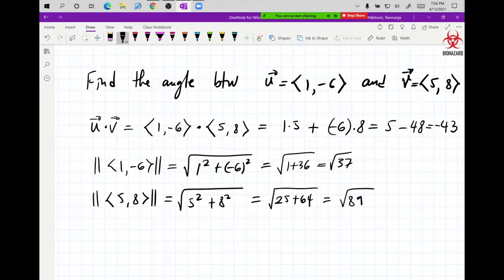And now we have theta is the inverse cosine of the dot product, negative 43, over the other two numbers in the denominator, square root of 37 and square root of 89.